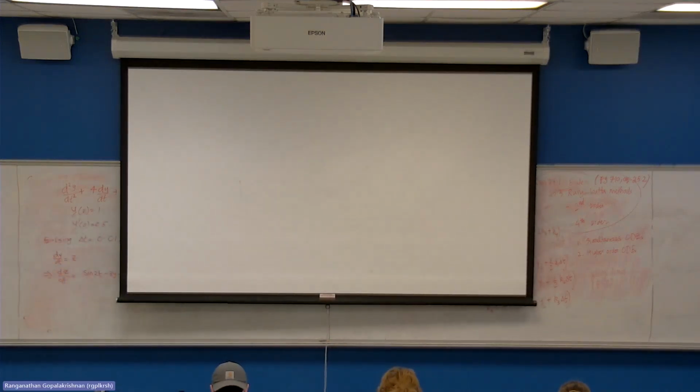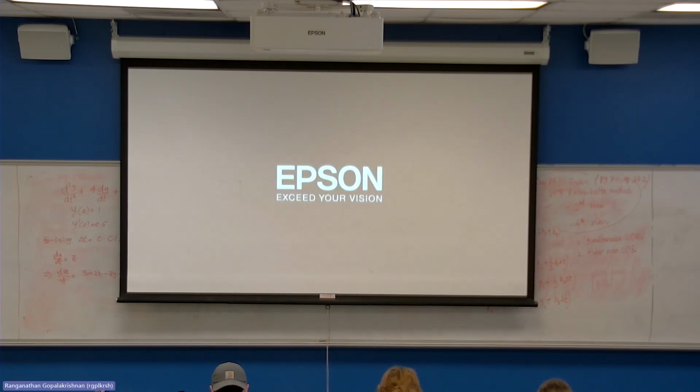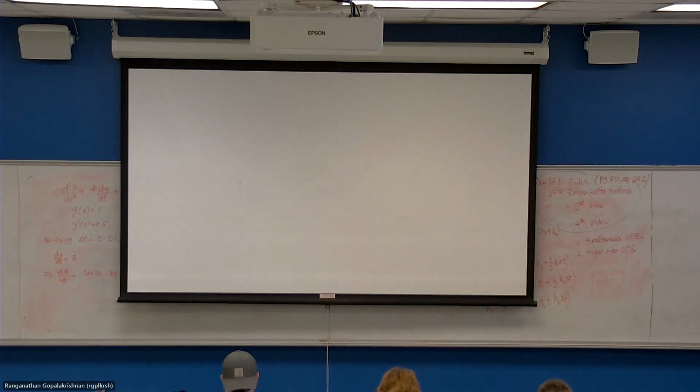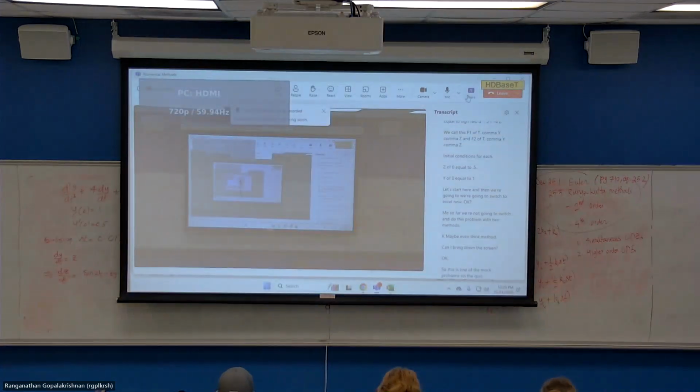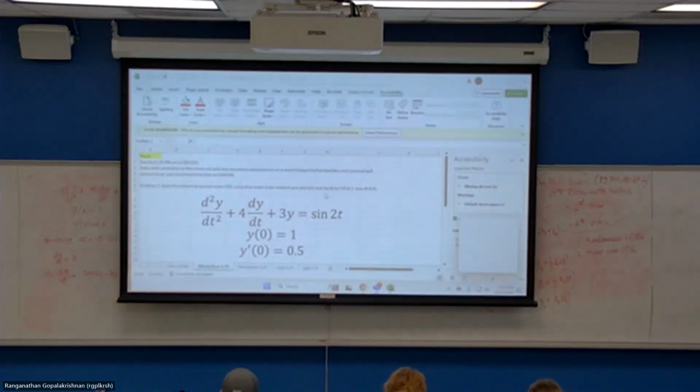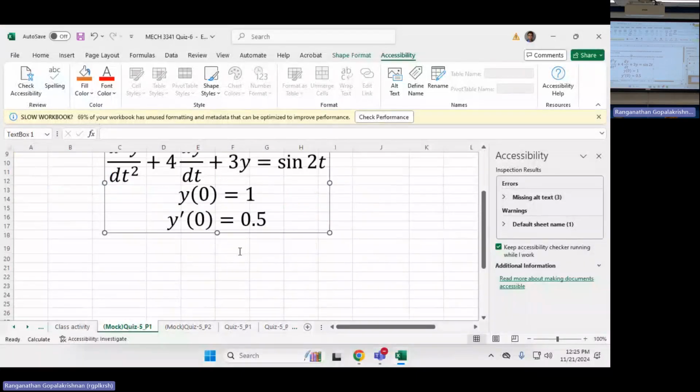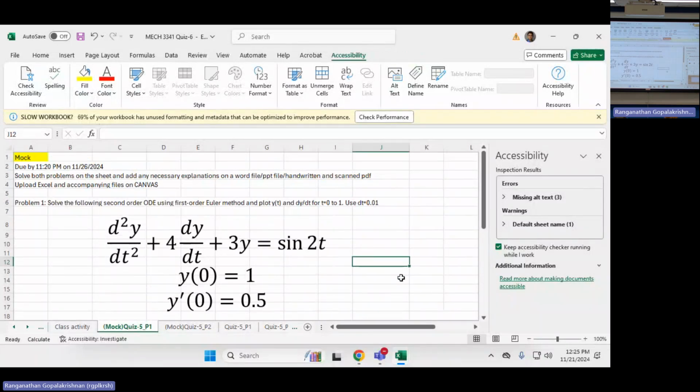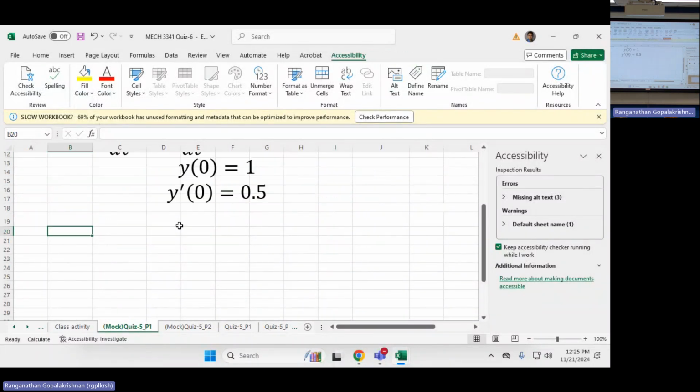Okay, so this is one of the mock problems on the quiz. So here is my equation. Everything is set up. So I'm going to write in the first column time t, and then y of t, and then z of t.